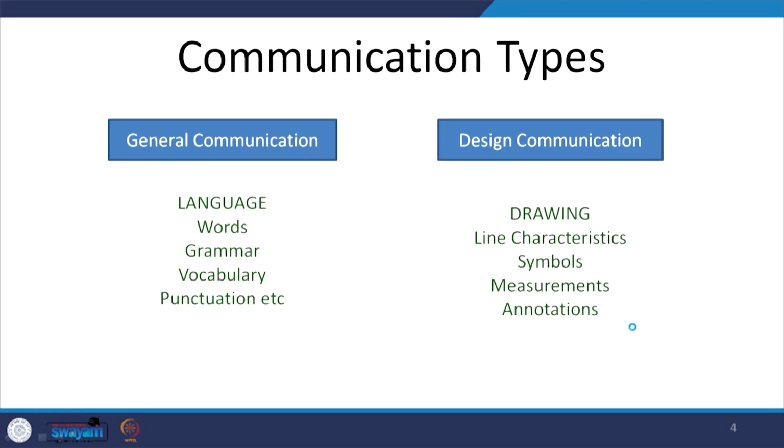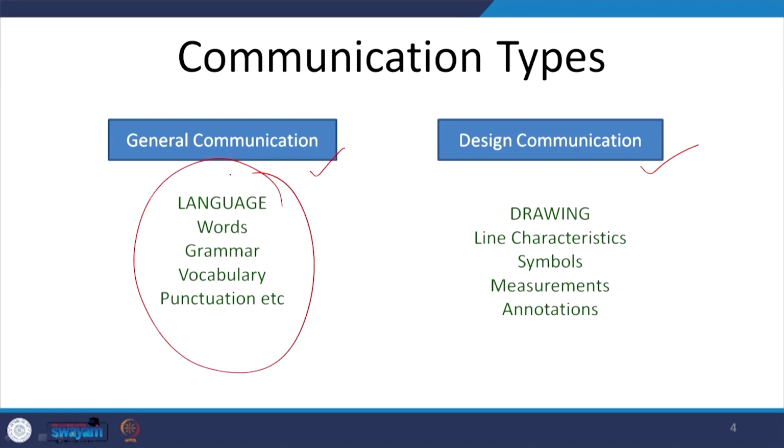If we look at communication types, we basically have two: general communication and design communication. General communication covers all the languages that we read and study, for example Hindi, English, whatever language you might be talking about. It is a way of communicating in general.